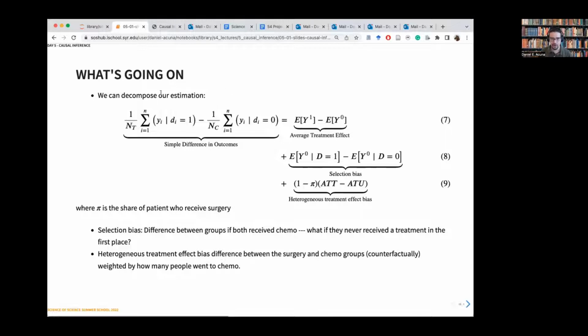Okay, and this is from the book, so it goes through the derivation of this, but basically you can decompose this observation into three things. You can say this is the average treatment effect, which is based on taking the outcomes of the two groups, plus this is called selection bias. So this is a counterfactual.